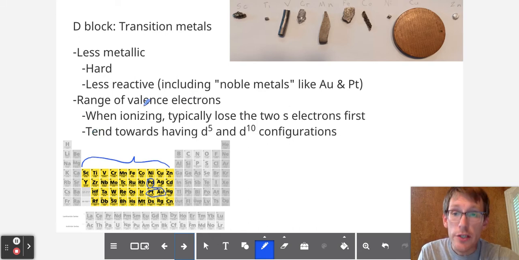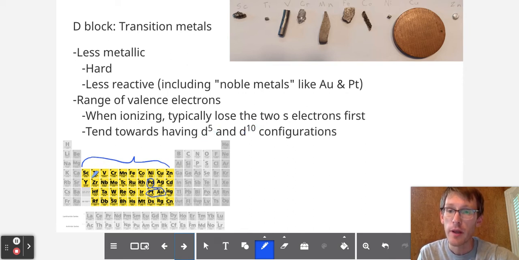They have a range of valence electron configurations since they are in different groups. In general, we can say that they will lose their s electrons first, and they tend towards having a d5 and a d10 electron configuration when they ionize.